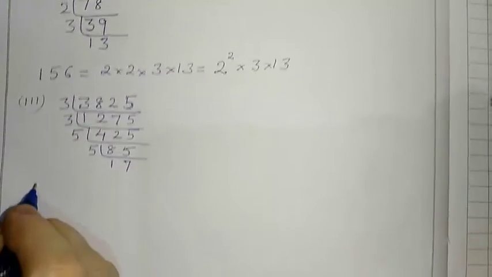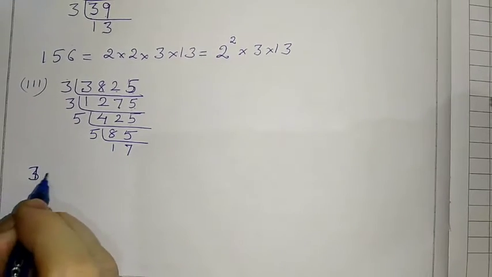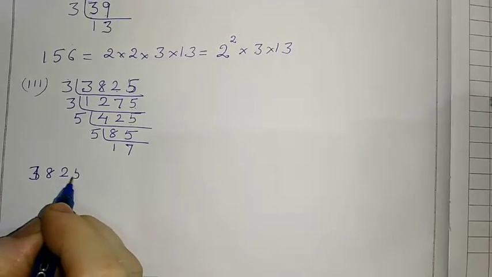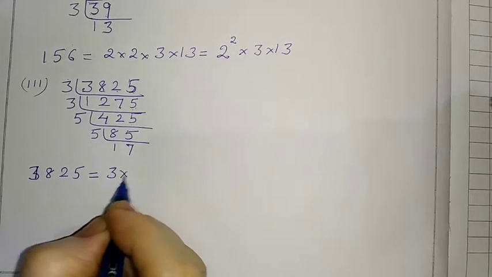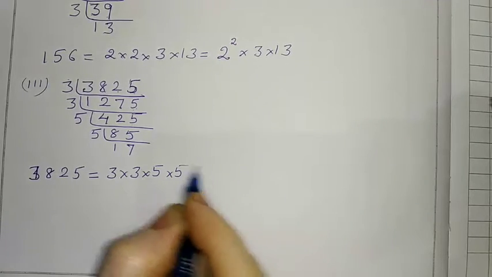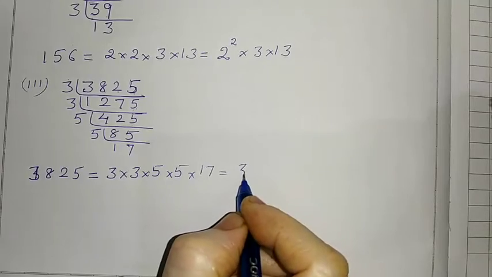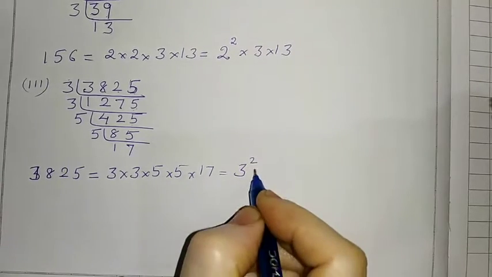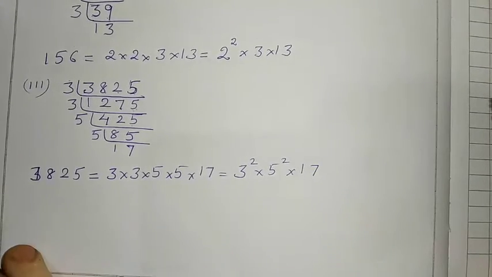So the prime factors of 3825 are 3 into 3 into 5 into 5 into 17. Then you can write in this way: 3 to the power 2 into 5 to the power 2 into 17.